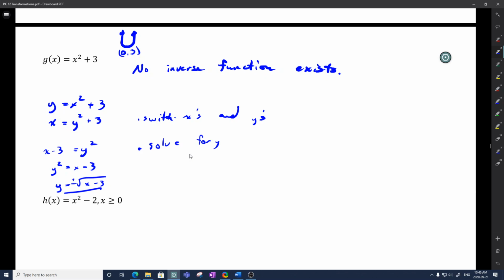So y is equal to positive the root of x minus 3 will be an upward opening arm. y is equal to negative the square root of x minus 3 will be the downward opening arm. And what we can see here is that the domain has to be x is greater than or equal to 3. Otherwise, you'll end up with an invalid radicand. All right.